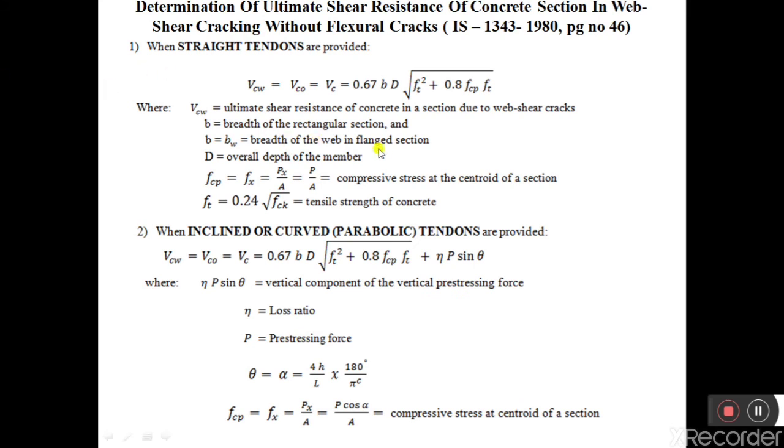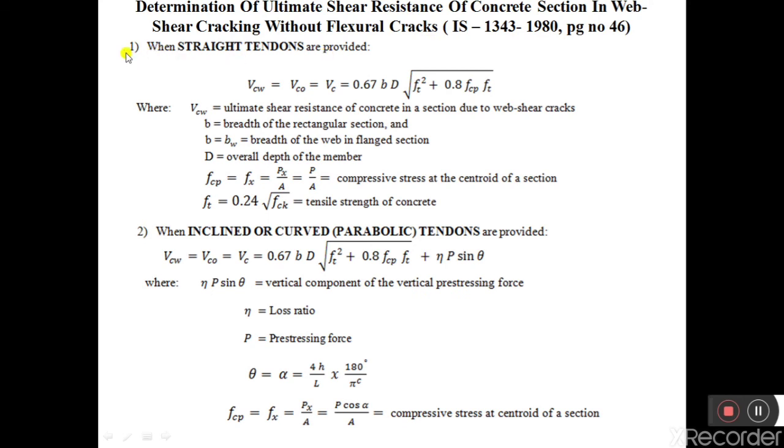These formulas are given on page number 46 of IS 1343 1980. So remember this.